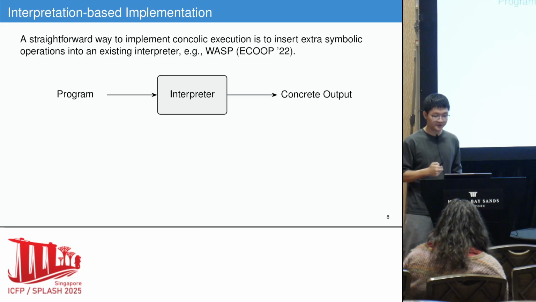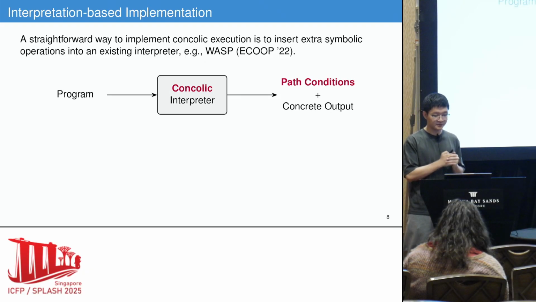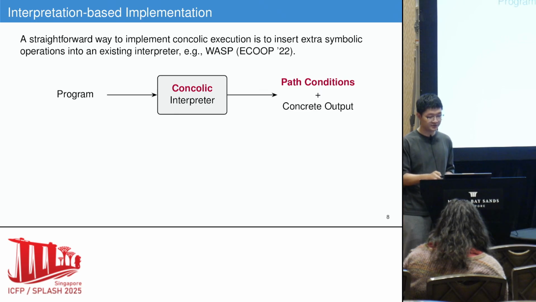Since the Concolic execution is guided by concrete execution, a straightforward way to implement it is to base the implementation on an existing interpreter, inserting those extra symbolic operations into an existing interpreter to turn it into a Concolic interpreter. Running this Concolic interpreter will not only get the concrete output, but also the path conditions collected during the execution.